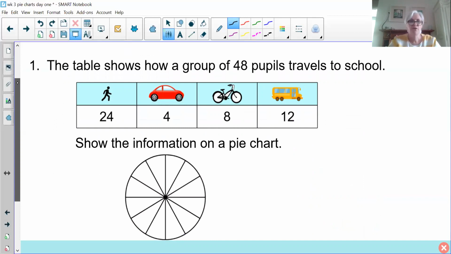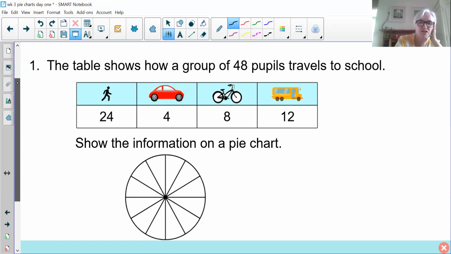And it's the same thing really. I want to know how many segments for each of those modes of transport. So stop the video, work out first of all, how many children is each of those segments worth? That's the first thing you need to do.